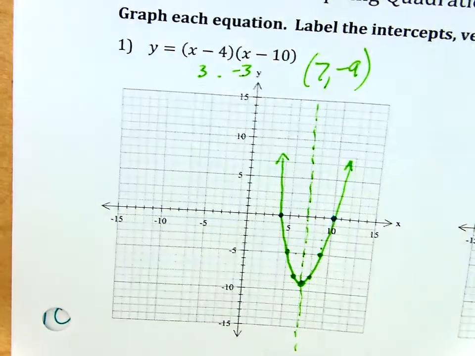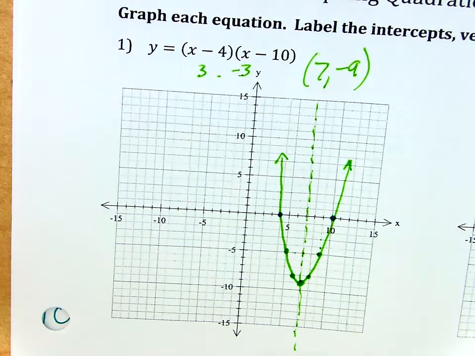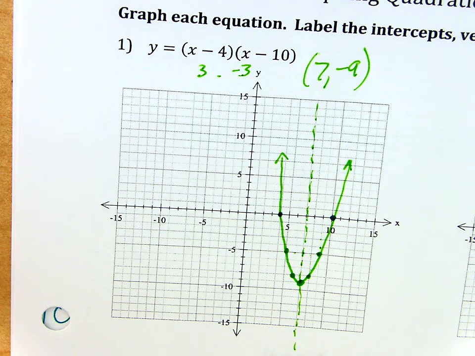Ta-da! I agree. I think standard form is the worst because you really don't get anything for free in standard form. You have to work to find the vertex. You have to work to find the x-intercepts. You kind of get the y-intercept sort of free. Big whoop.